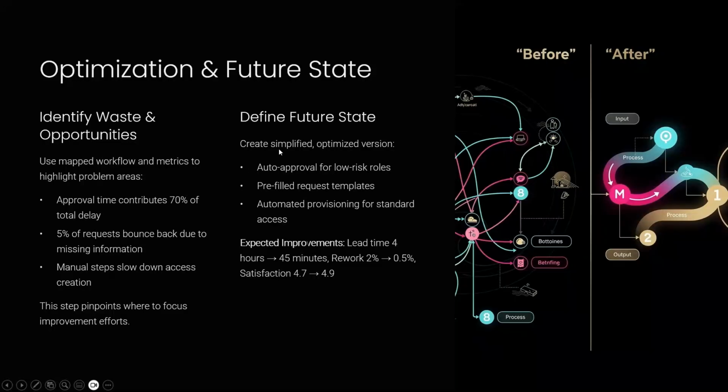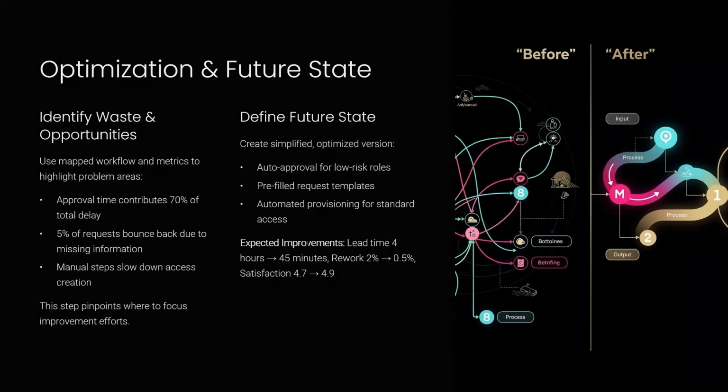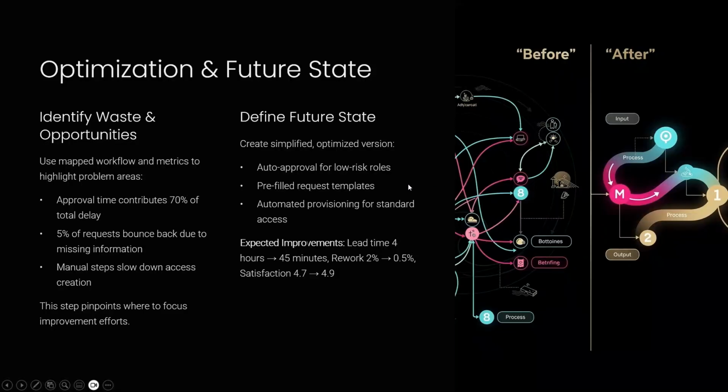And here you define the future state. Create a simplified optimized version, auto approval for low risk roles. It's not going to solve all the problems, but at least for low risk roles, you're going to have a smoother workflow. Once this is settled, then you can look at the more complex ones for the higher level roles.